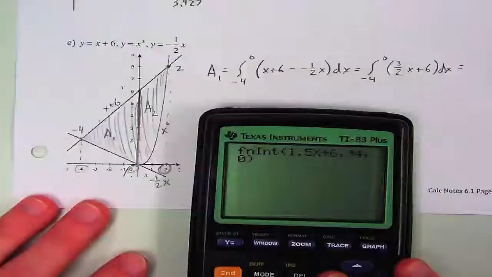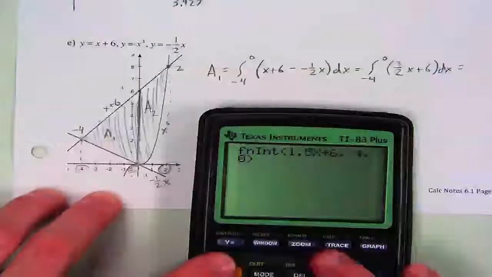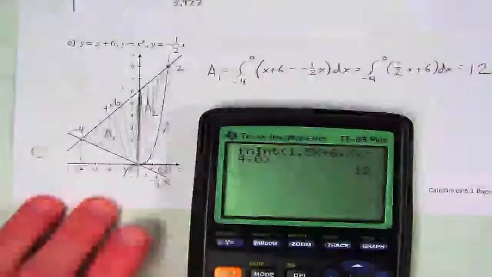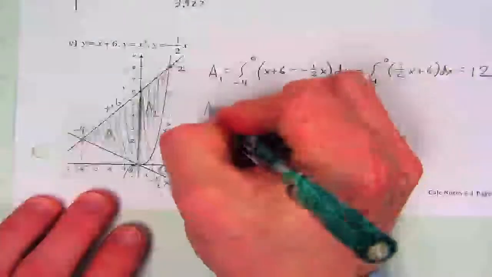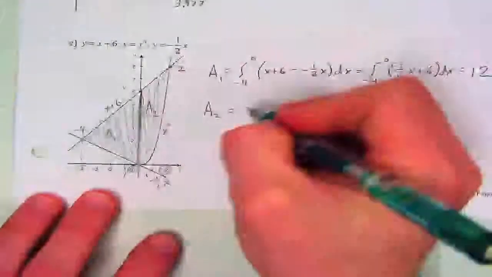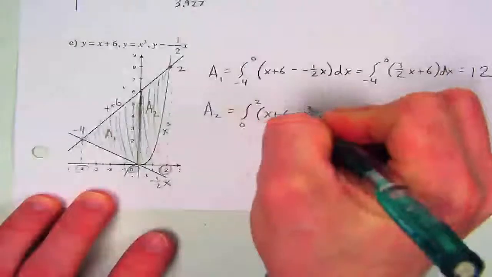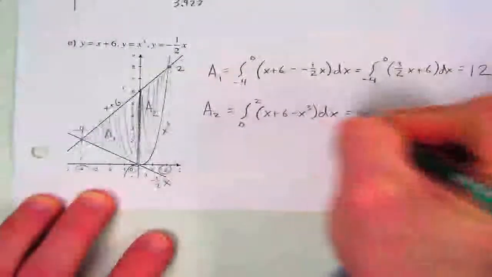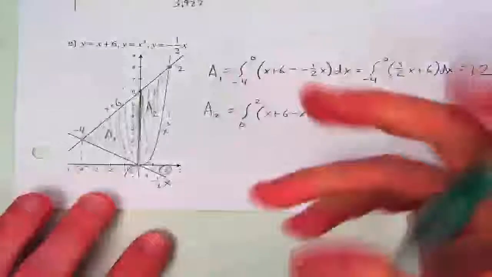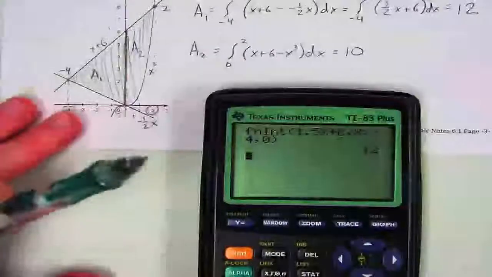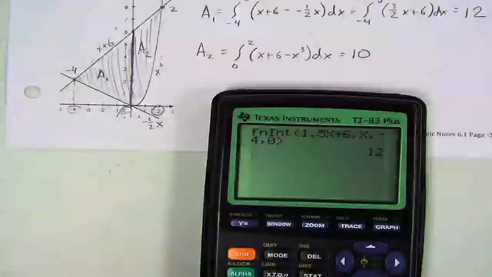What did I do here? Yes, we need our... So we got 12. And this one. Oh, you subtracted. It's pretty easy.